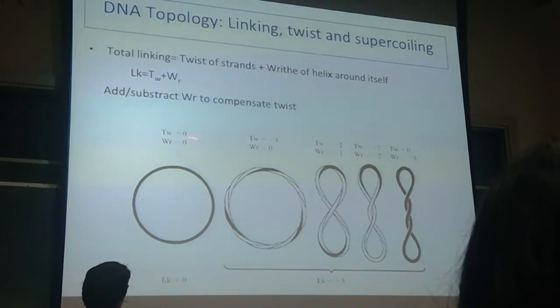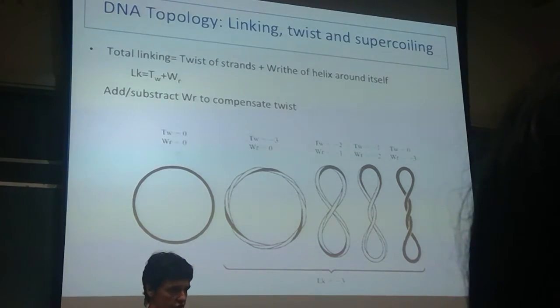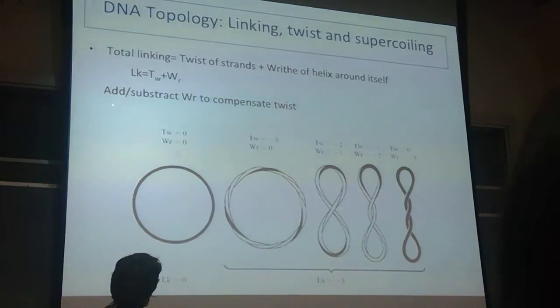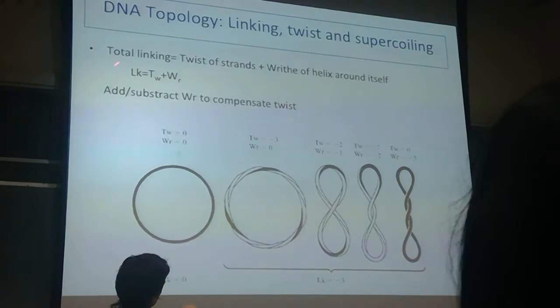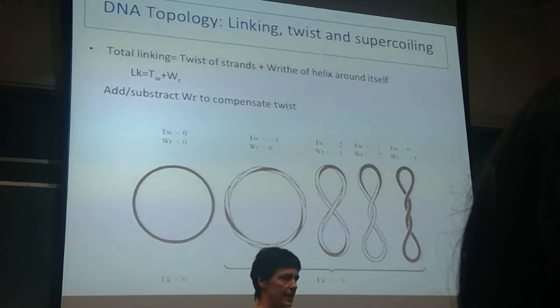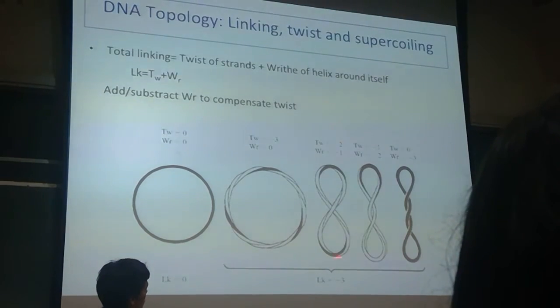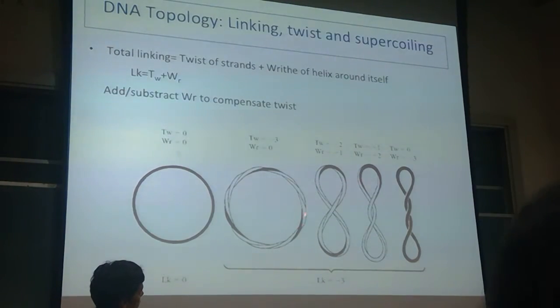Here, for example, you have an Lk0. This is only fictive, just an example. Lk equals twisting plus writhing. You add or subtract writhe to compensate for a twist, so your linking number stays the same. Does that make sense? If you have an Lk of -3, your twist can be -3 and your writhe 0, with one strand of DNA going over the other 3 times.